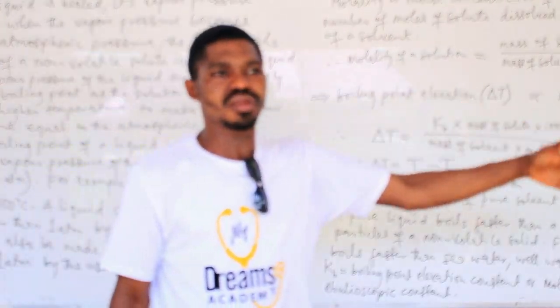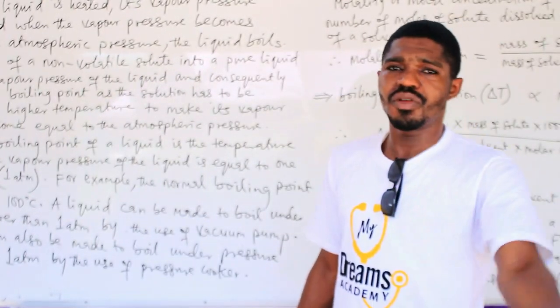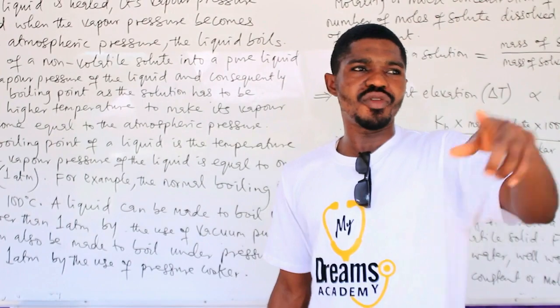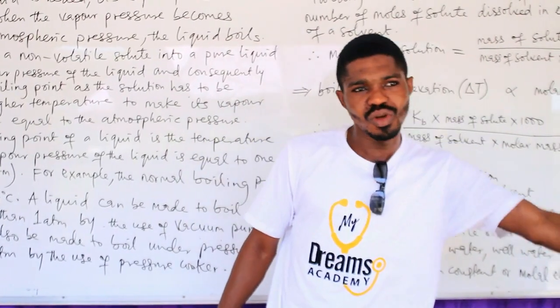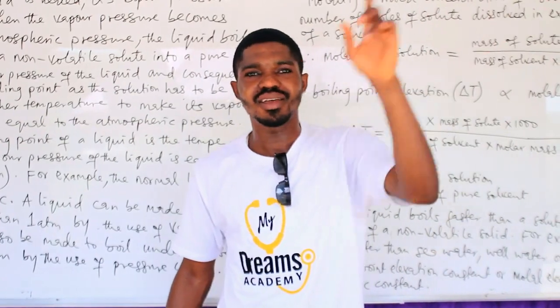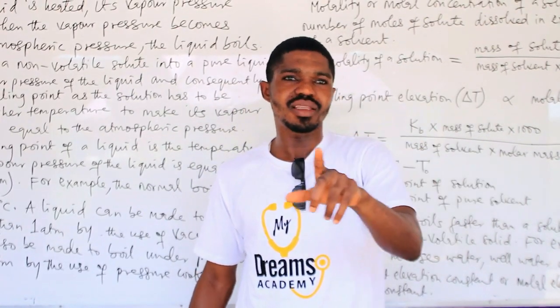If the solution contains a non-volatile solute, then the pure liquid will boil before it. But if the liquid contains volatile solutes, maybe something like an acid, the solution will boil faster. Let me take it again.